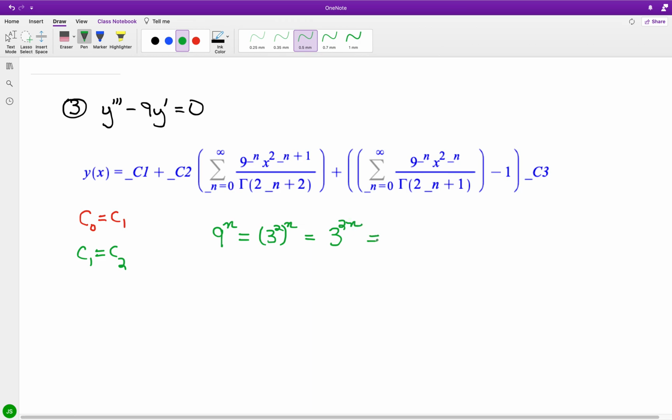And if I put this in the context of matching up with the 2n plus 1 degree, so 3 to the 2n, this would be 1/3 of 3 raised to the 2n plus 1 degree. And for what I have in the numerator, 9 to the n times x to the 2n plus 1.